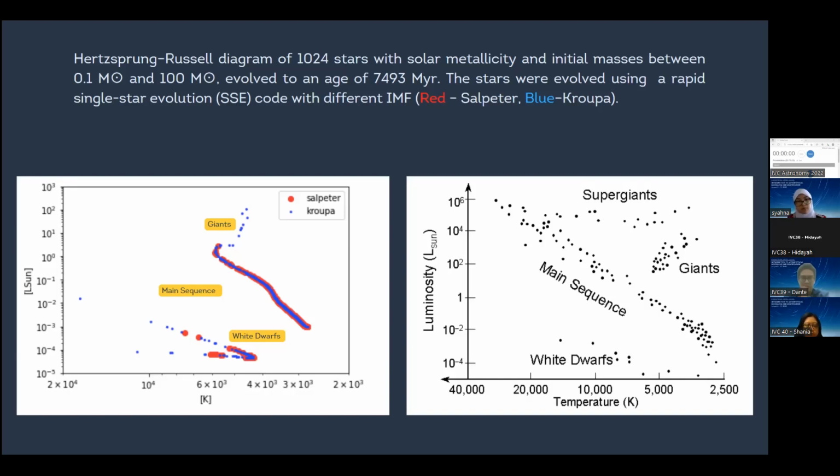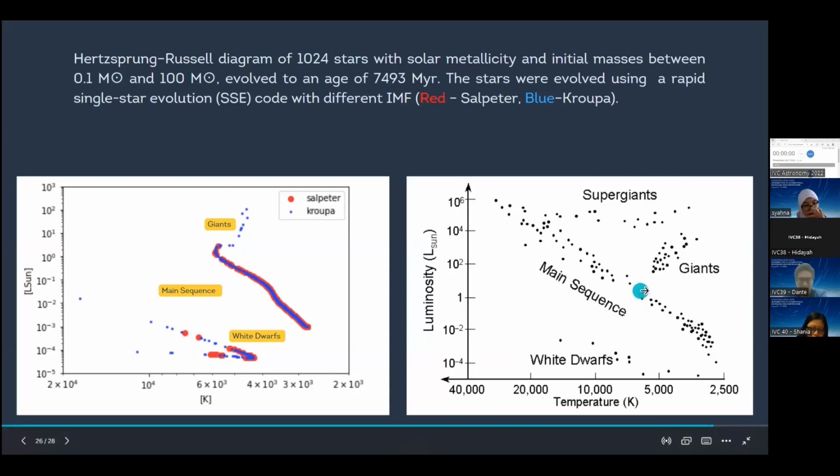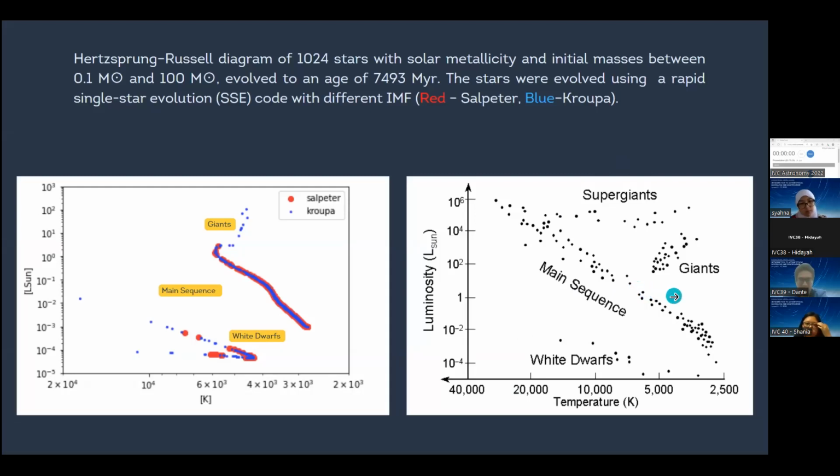Then we can compare the graph that we get from the SSE code with the HR diagram, which will show how our distribution of stars falls into these groups. Usually our stars fall into the giant branch and the main sequence, and below here is the white dwarf evolution, which I think is the final product of the evolution of the star itself.